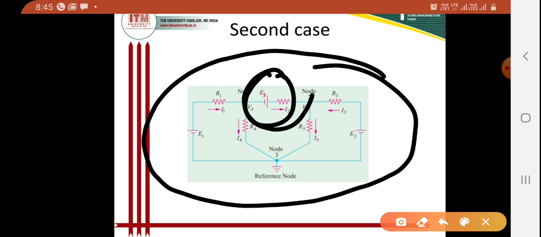See this figure. Here, when we are moving from node 1 to node 2, we are moving from the negative terminal of the voltage source, or battery source E3, to the positive terminal of battery source E3.